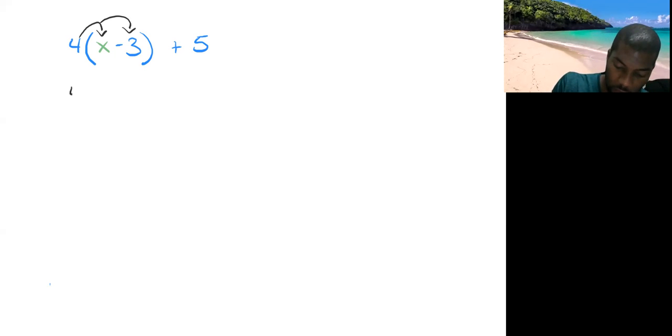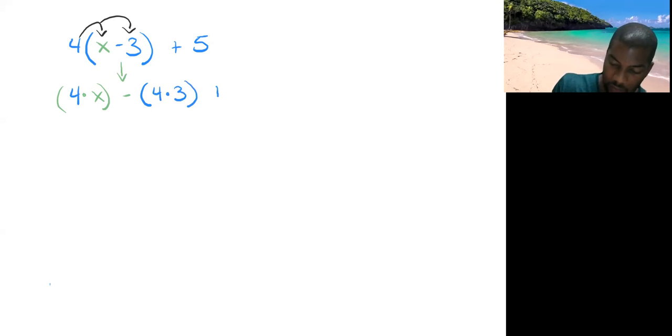So I'm going to get 4 multiplied by x. That's the first one. Drop the negative. Then in the next one, it's going to be 4 times 3. And all of that's going to be plus 5.